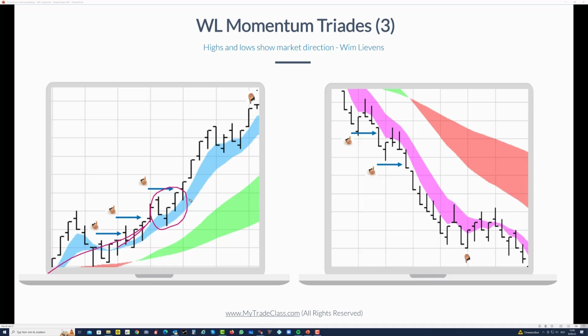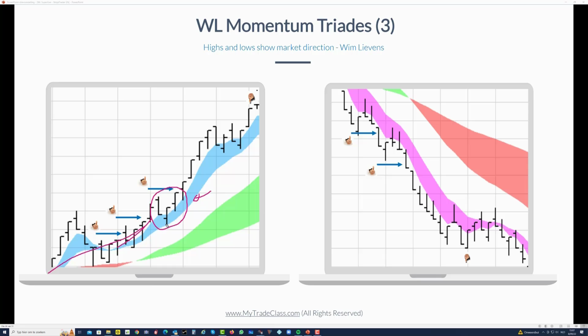Now these triads, which I showed here with range bars, that's what we want. If you would do this on a minute, 5 minute, 15 minute chart, the probability that you will just see a huge candle with no way to enter is, well, there's a substantial chance that you won't be able to get in.